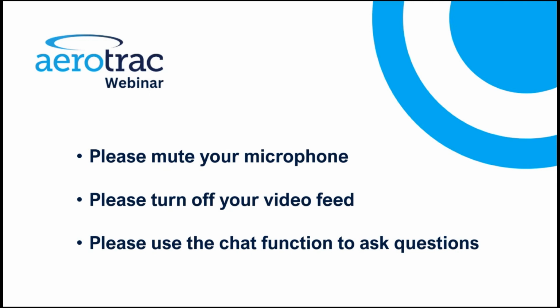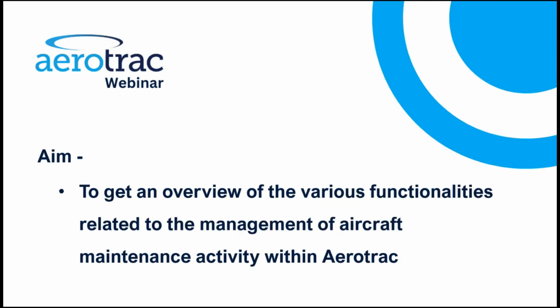Okay, so as I say, thanks everybody for joining today. The aim of today's session is just to give you an overview of the various different functions in Aerotrac related to the management of aircraft maintenance activity. Aerotrac has a variety of features for managing the Part 145 maintenance activities.